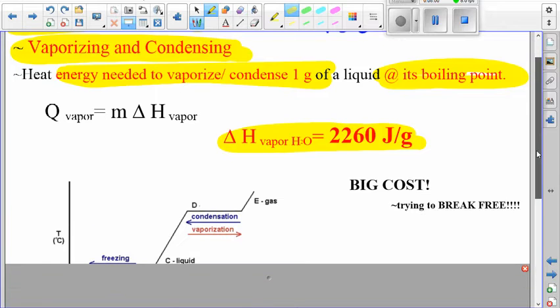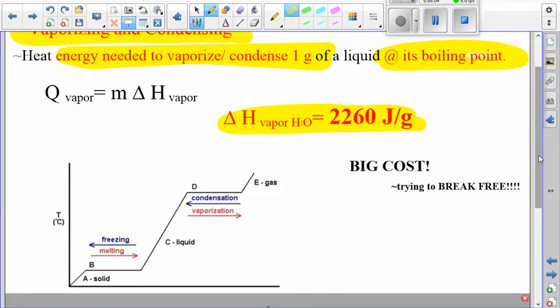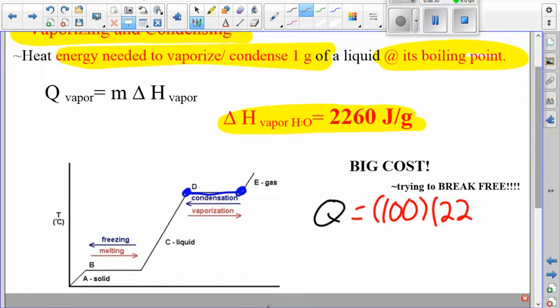It's a huge cost. So, for example, let's say we had those same 100 grams at exactly 100 degrees Celsius. We have 100 grams of liquid water, and we want to go across this bridge, so every last drop has evaporated but is still at 100 degrees. Here's the cost. Your Q in that situation would equal your mass, 100 grams, times the price of the expensive bridge, 2260.